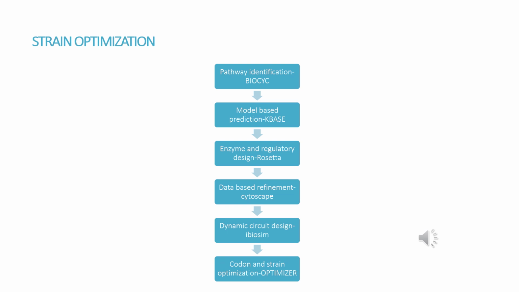Strain optimization involves these steps: pathway identification, model-based predictions, enzyme and regulatory design, data-driven refinement, dynamic circuit design, and codon and strain optimization. In pathway identification, one can use KEGG or BioCyc to map pathways for the target compound.